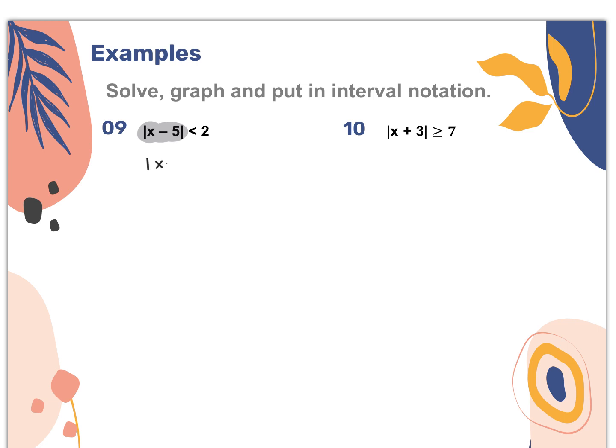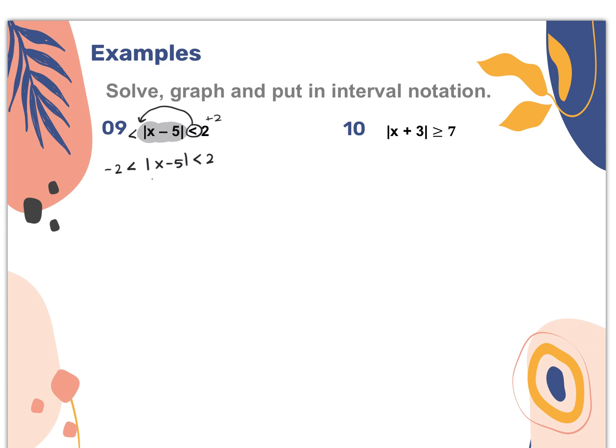So now that we know it's reasonable, we're going to set it up. And we are going to completely copy what's here, but we're going to add another side to this. We're going to take whatever this inequality is and we're going to mirror it right there. And then since this is positive 2 here, we're going to put the opposite. We're going to negate it there and do the negative 2. So now it looks like a compound inequality, right?